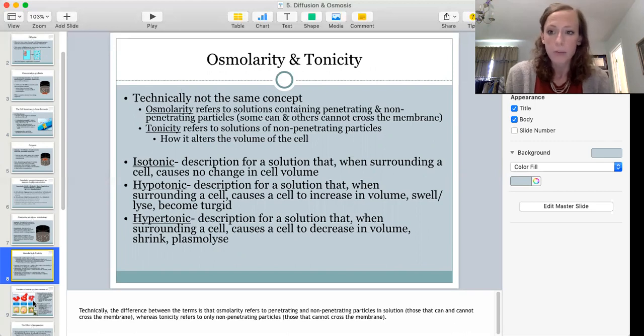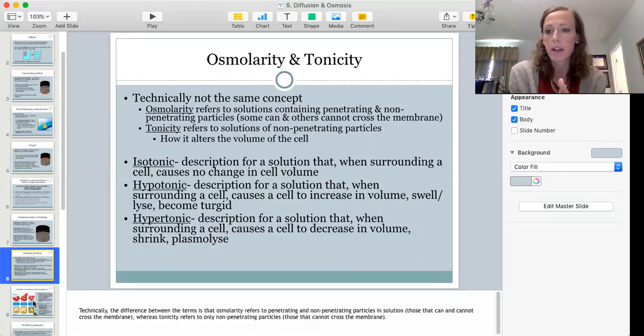So osmolarity, which we just discussed, refers to solutions that have both particles that can and cannot cross the membrane. So we call them penetrating and non-penetrating particles. The other term that goes hand in hand with this and is very similar is tonicity. The difference is that tonicity refers to solutions that have non-penetrating particles, so they cannot cross that barrier.